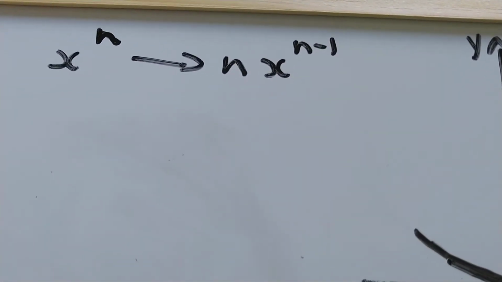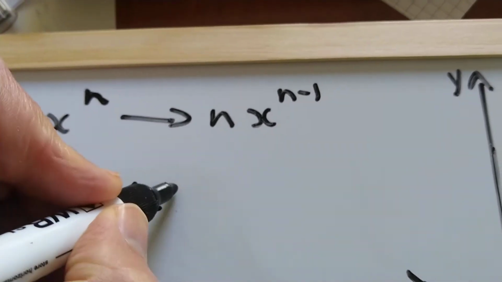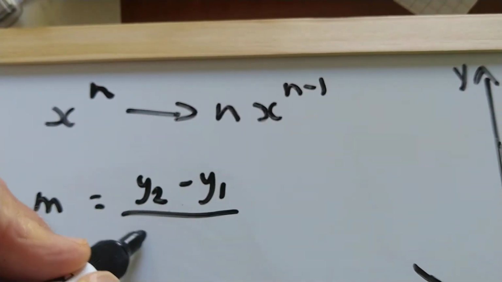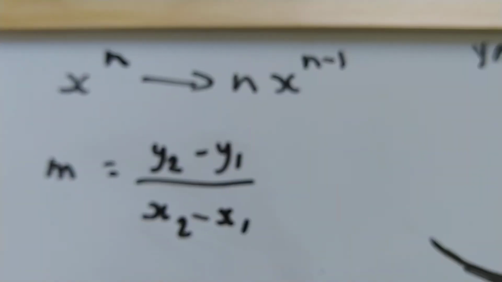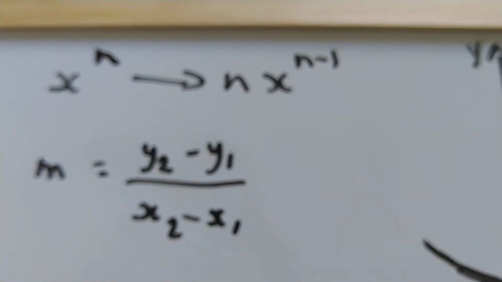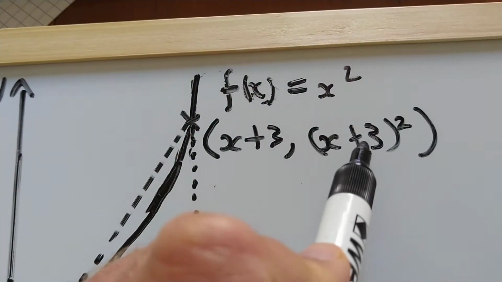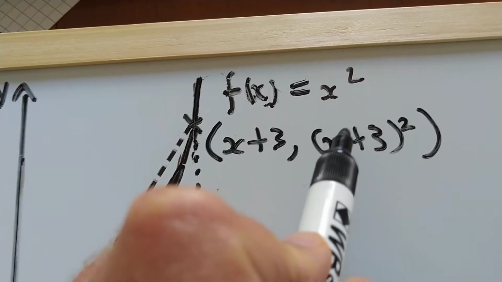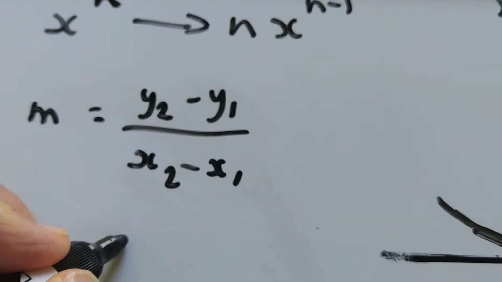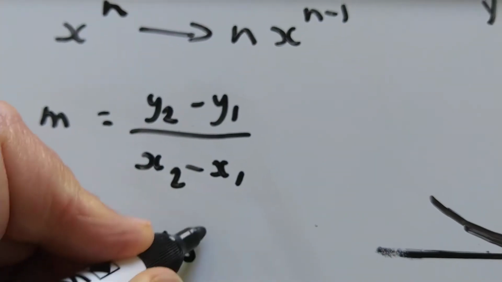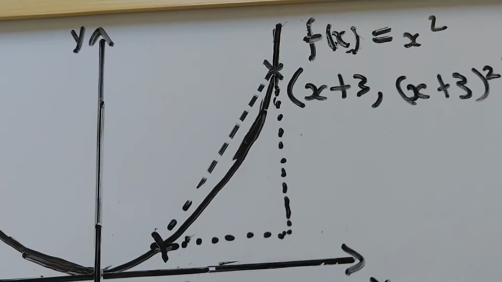Now we know for a straight line, gradient is change in y over change in x. What's my change in y? Second point is a y-coordinate of x plus 3 all squared. So this is x plus 3 squared, take away the y-coordinate down here.